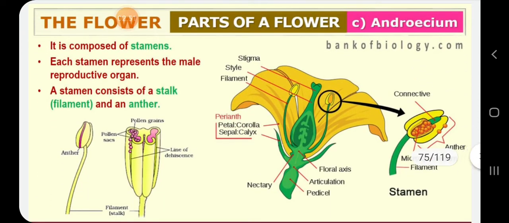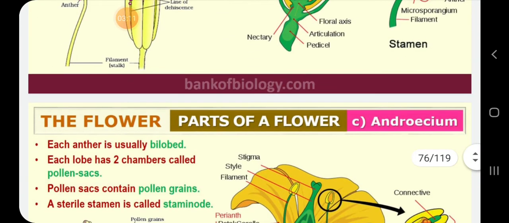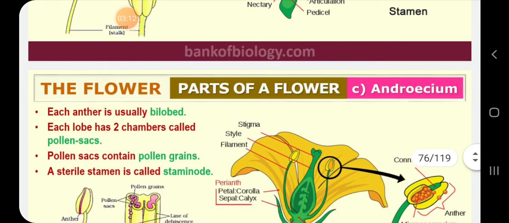Now androecium. The androecium is composed of stamens. Each stamen represents the male reproductive part and has 3 parts: the filamentous structure is called the stalk, and the top bulbous structure is called the anther, and inside the anther there is pollen.